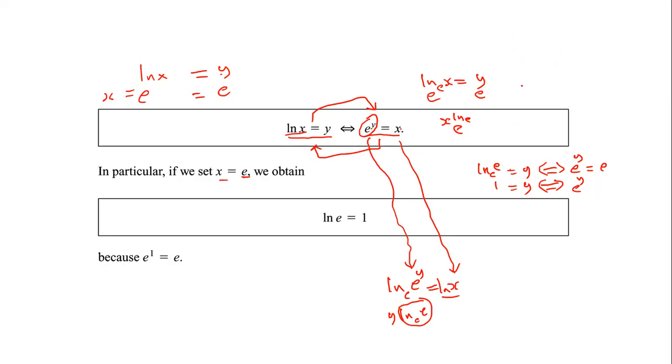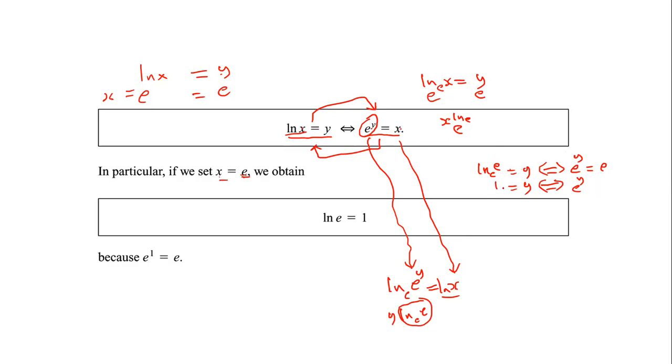No, this is ln e of e. They said put x equal to e. That means instead of x here, I'm going to replace it with e. So I replace it with e. I have ln e of e, and this is going to give me 1.